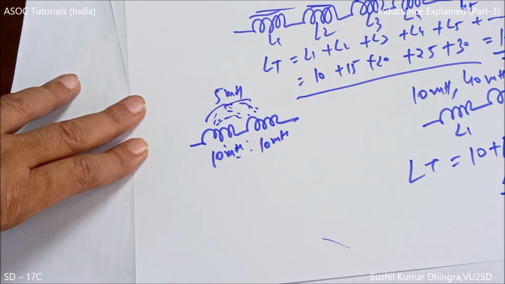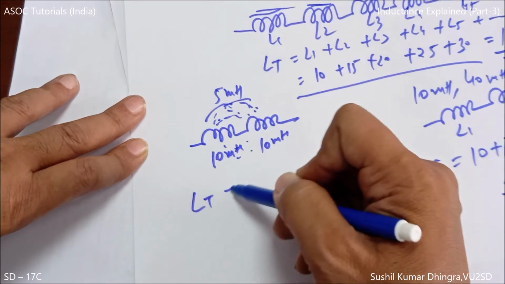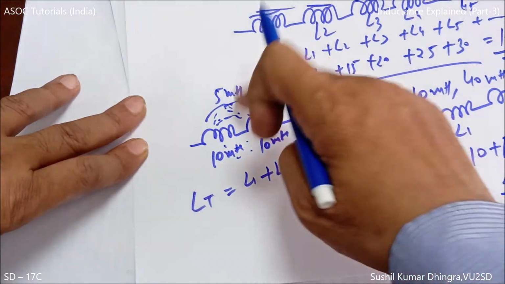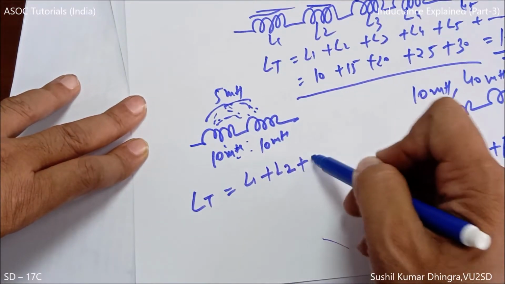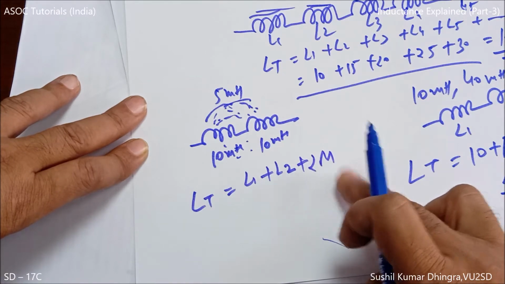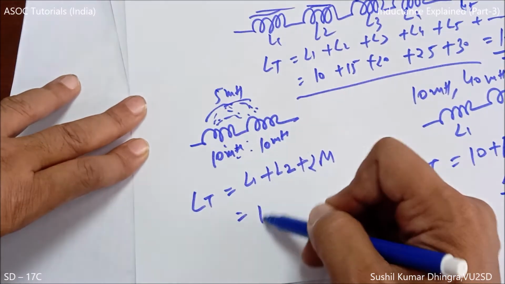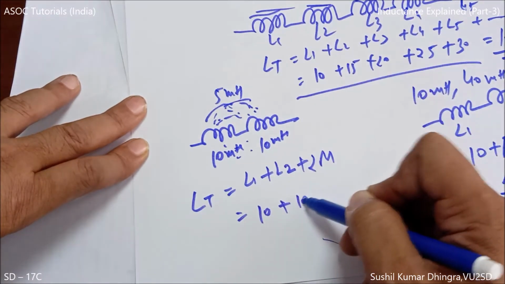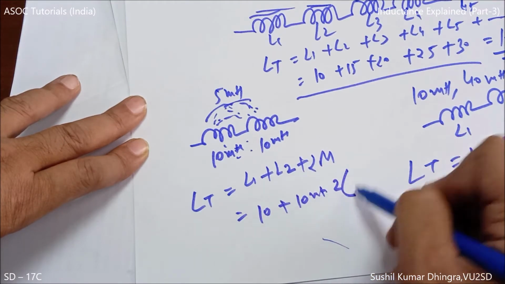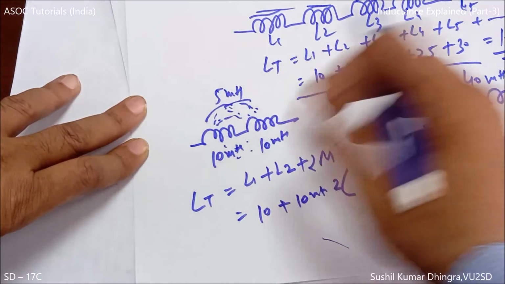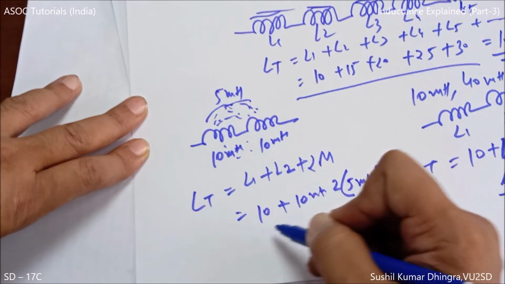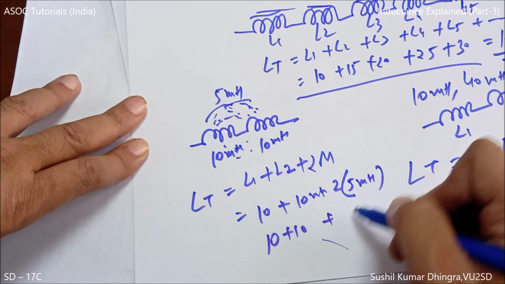As I told you previously, I am not going to explain any derivation, any relation, any proof, just coming to the formula directly. So in this case, this LT will be equal to L1 plus L2, and this one also you have to consider, plus 2M. M is mutual inductance, and this mutual inductance is 5 millihenry. So now first 10 plus this 10 millihenry and 2 times this one, because one from here, one from there, 5 millihenry. So 10 plus 10 plus this also 10.